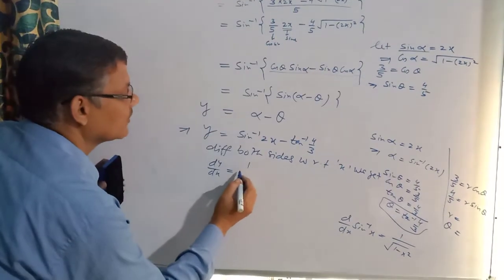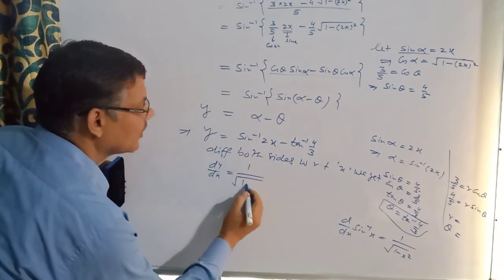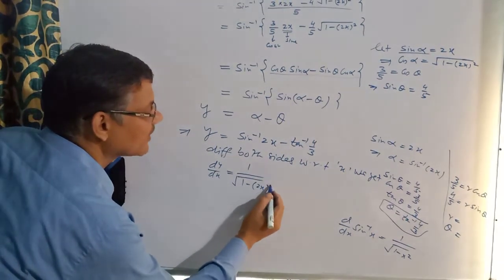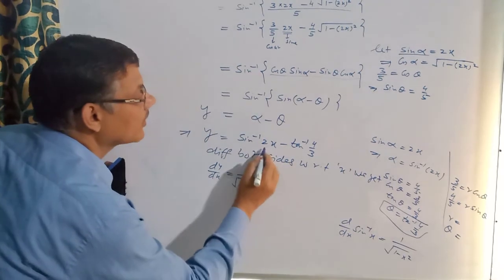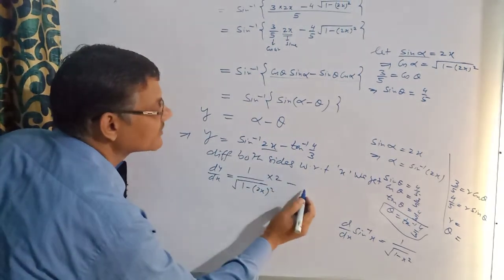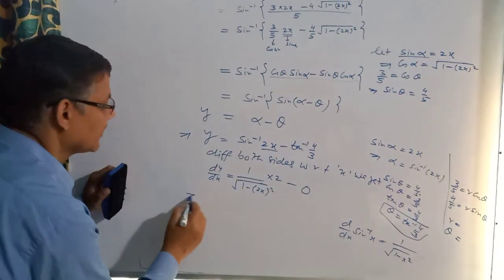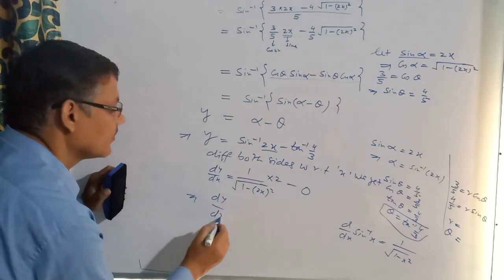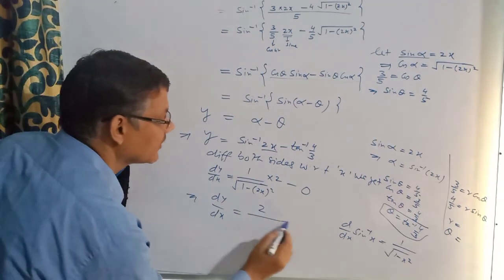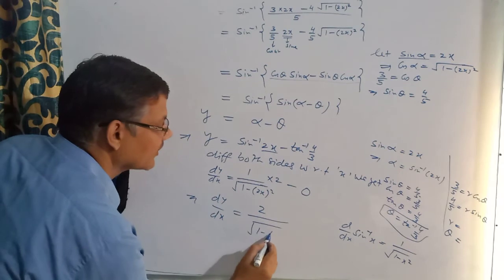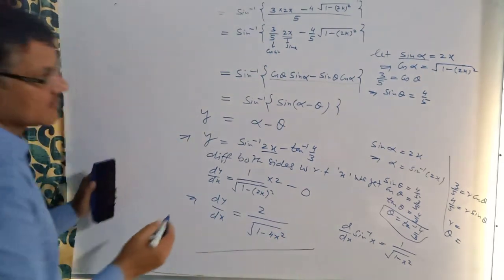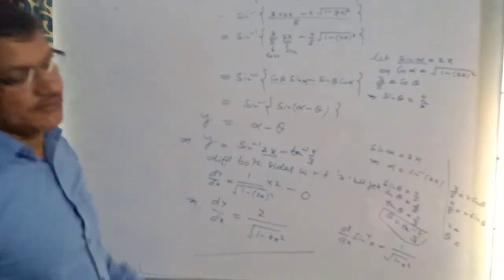So actually it is 1 by root over 1 minus, at the place of x there is 2x whole square, and the derivative of 2x is 2, minus the constant which gives 0, so we get dy by dx is equal to 2 by root over 1 minus 4x square. In this way we do all the questions. Okay.